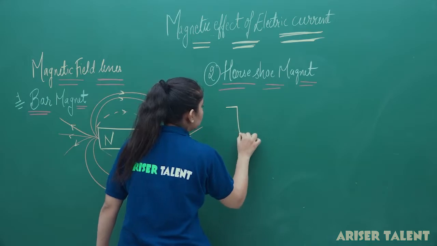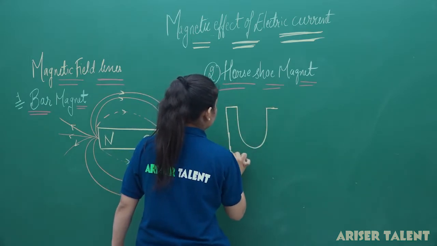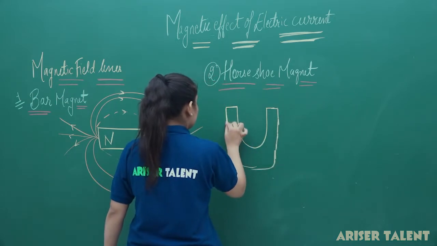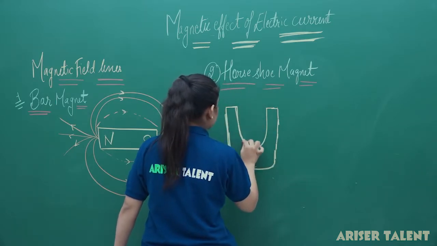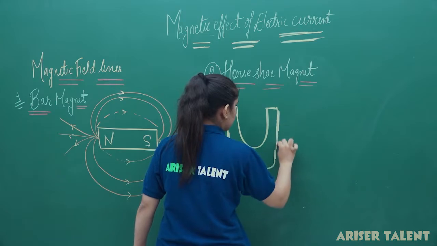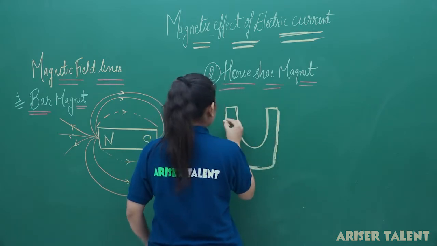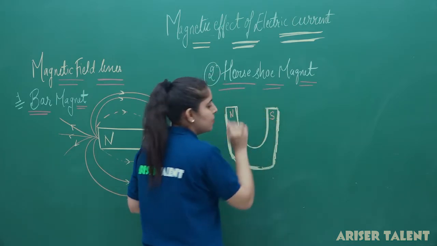This is our horseshoe magnet. This is again our north pole and this is our south pole.